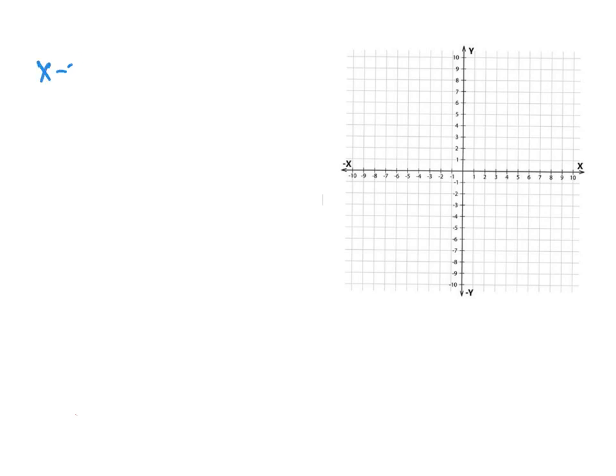It's going to be x minus h, quantity squared, over a squared, minus... Again, the only difference between the hyperbola and the ellipse is the hyperbola has a minus sign here, and the ellipse has a plus sign. But other than that, it's the exact same, which means you solve them the exact same way.